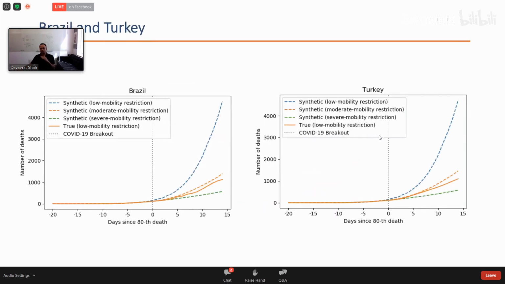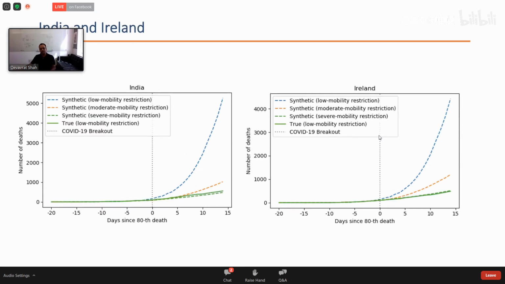At least initially, the response of Brazil and the response of Turkey was of the nature where there were moderate mobility restrictions, and that led to a moderate rise in the death count. Similarly, in India and Ireland, India went under severe lockdown, and it was extremely slow growth initially, and similarly what Ireland experienced.